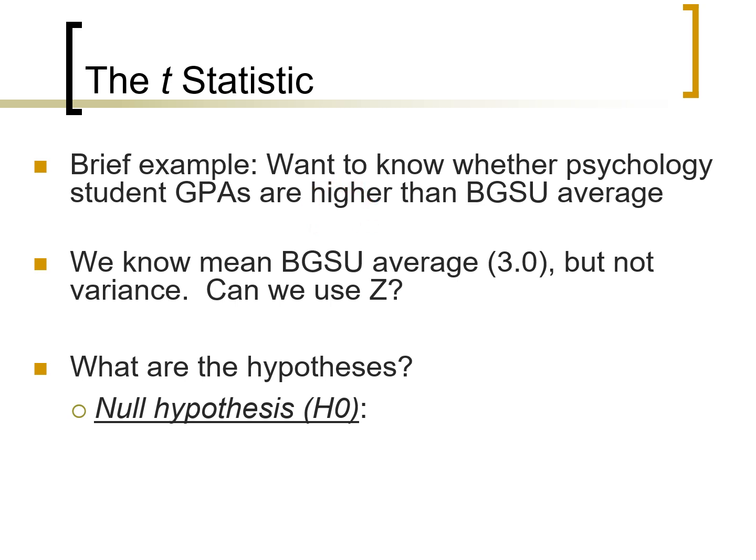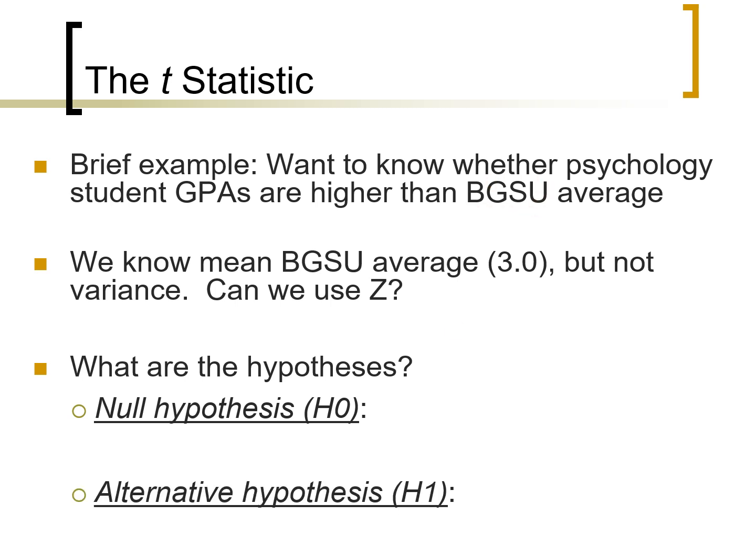So we're saying we think we know which direction that's going to go. The null hypothesis is that the psych student GPA is not higher than the BGSU average. And then our alternative hypothesis is that the psych student GPA is higher than or greater than the BGSU average.